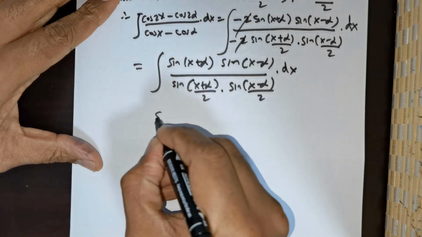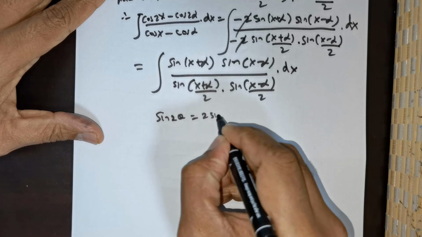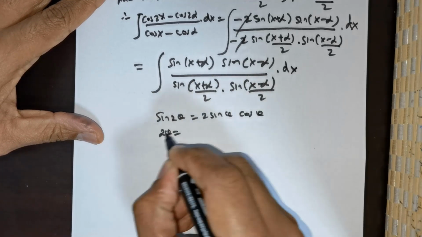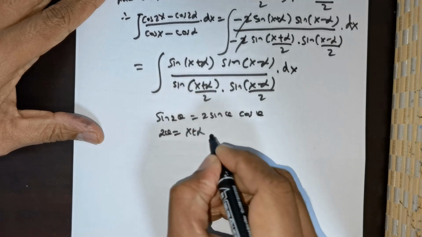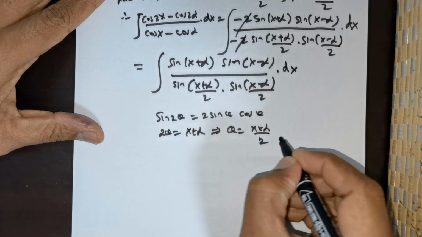There is an important formula which we have to know, which is sin 2 theta is equal to 2 times sin theta times cos theta. Now what I wish to do is take 2 theta to be equal to x plus alpha. So this would mean theta is equal to (x plus alpha) divided by 2.